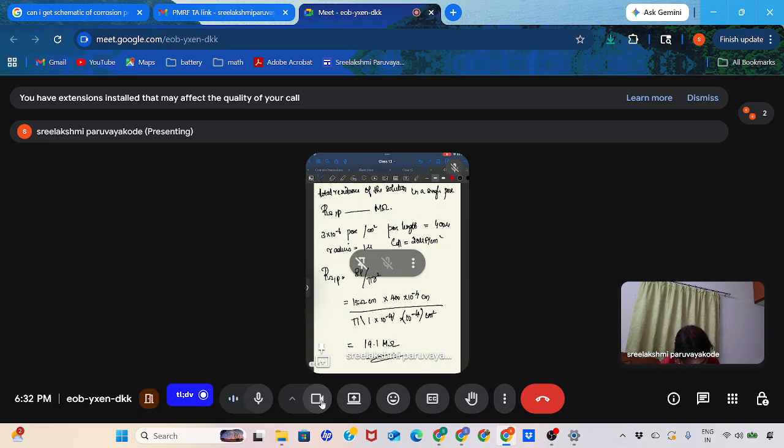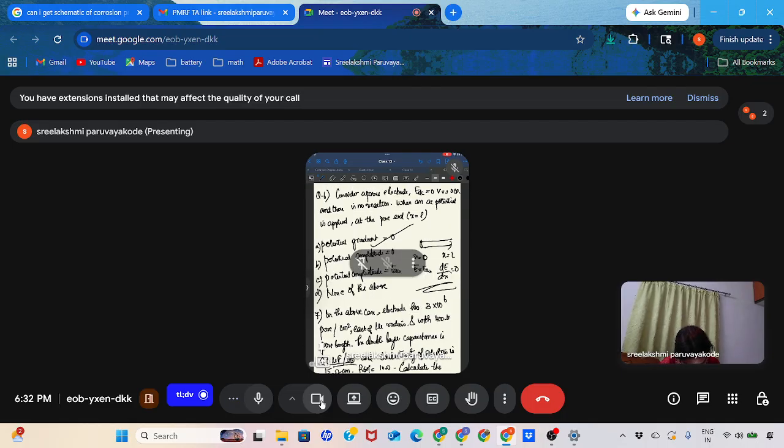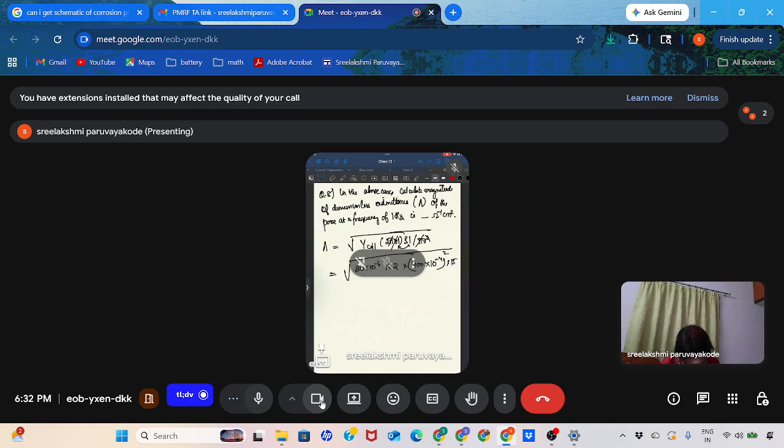The conductivity is 15 ohm centimeter, divided by 1 into 10 to the power minus 4. Here it is the double layer capacitance value, so it is j omega.